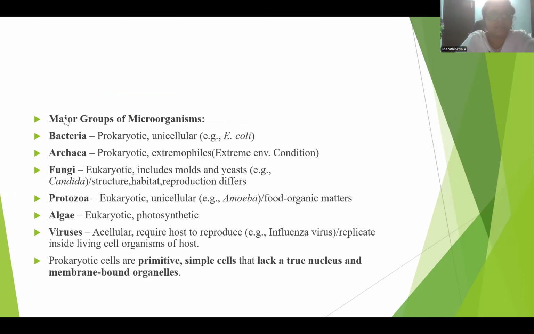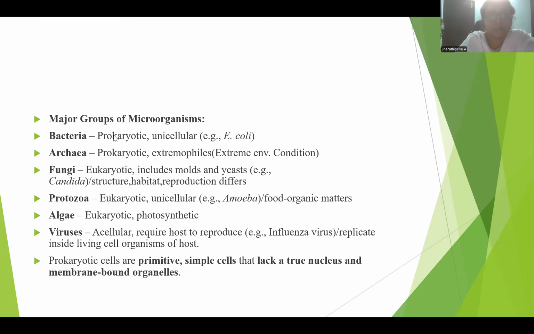These are the major groups of microorganisms, which include bacteria, archaea, fungi, protozoa, algae, and viruses, and these are classified especially based on whether they are prokaryotic or eukaryotic, or unicellular or acellular.